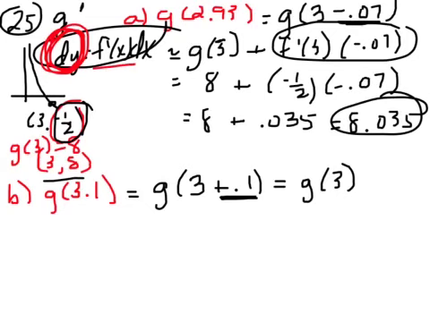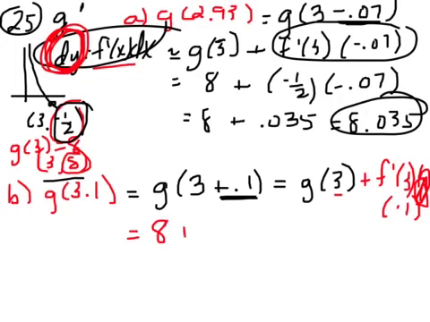So I can say, okay, that's add in f prime at 3. It has to be at the same point. And my change in x here is 0.1. It would be multiplied, okay? So what is g of 3? They told me that. It's that 8 there. What is the derivative at 3?